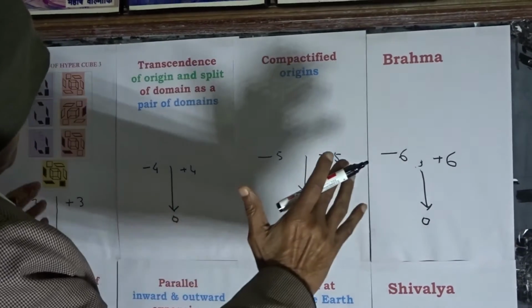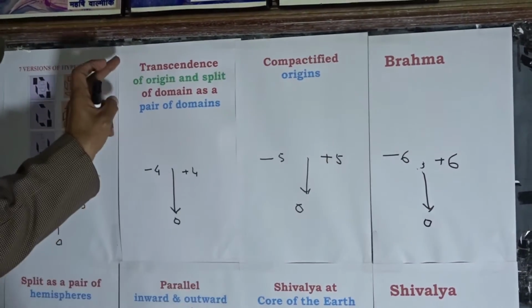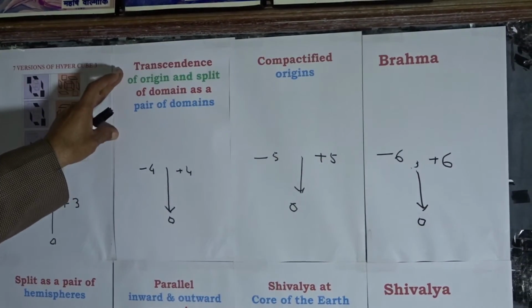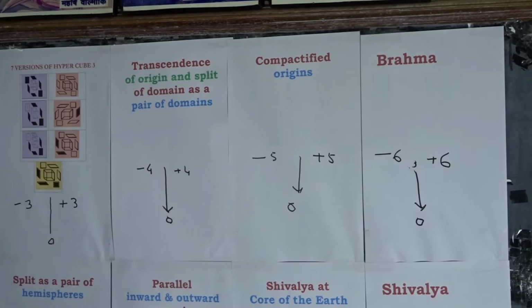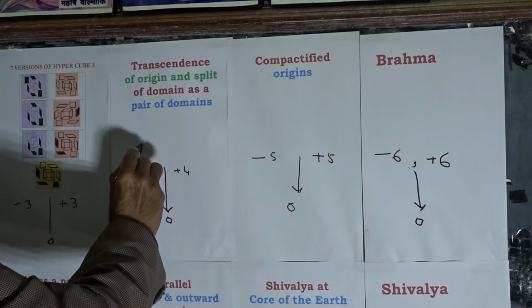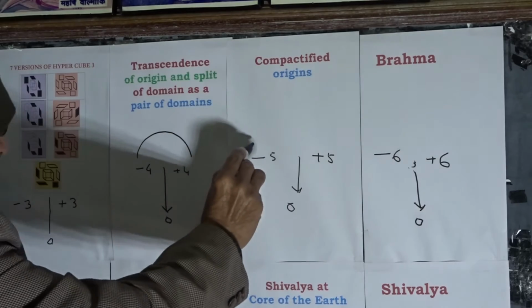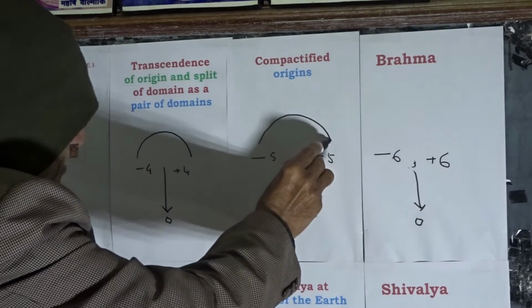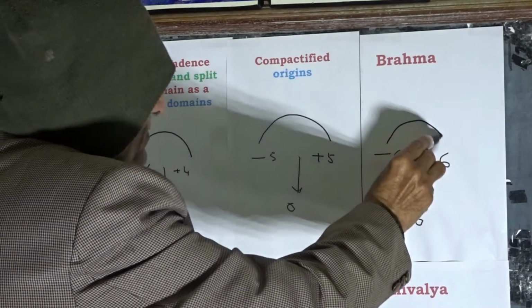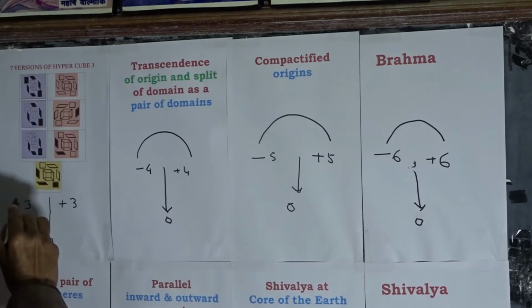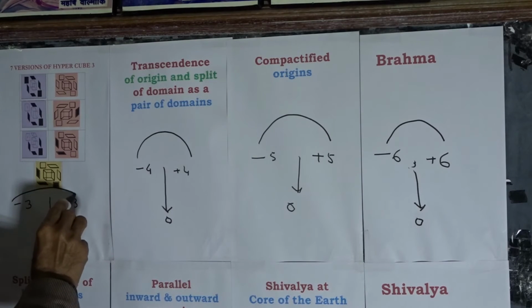It is this feature which will take us to transcendence of an origin and split of a domain as a pair of domains. So 4 space is splitting into a pair of 4 space domains, 5 space as a pair of 5 space domains, 6 space as a pair of 6 space domains, and 3 space as a pair of 3 space domains.